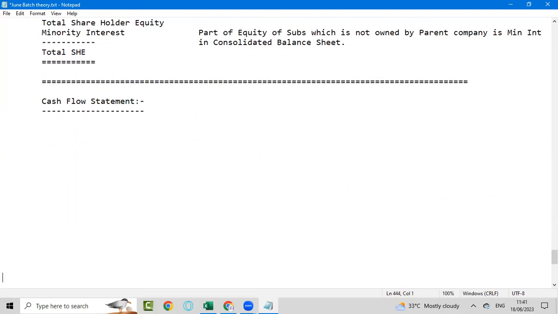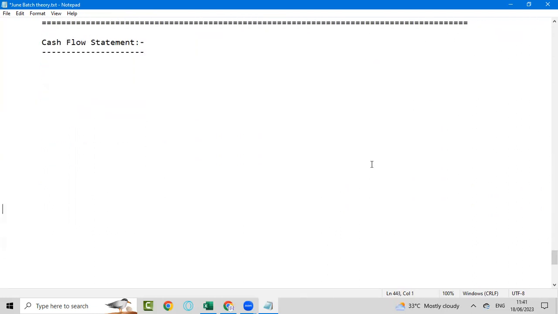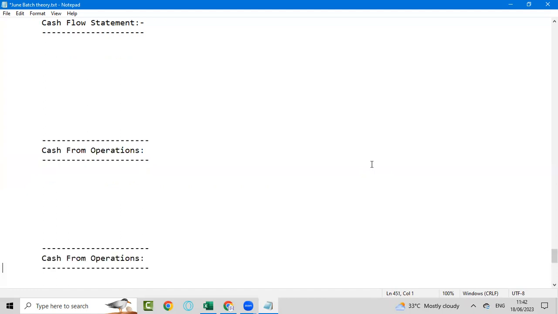In cash flow statement, there are three activities. One is cash from operations. Second is cash from investments.